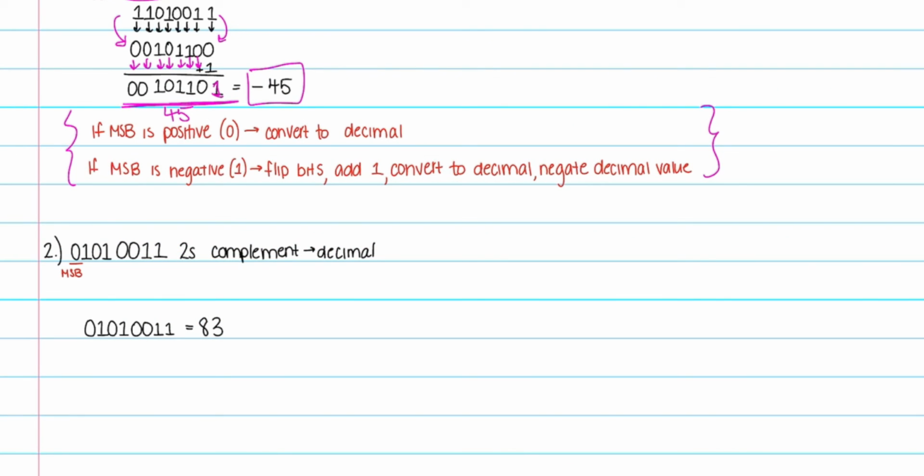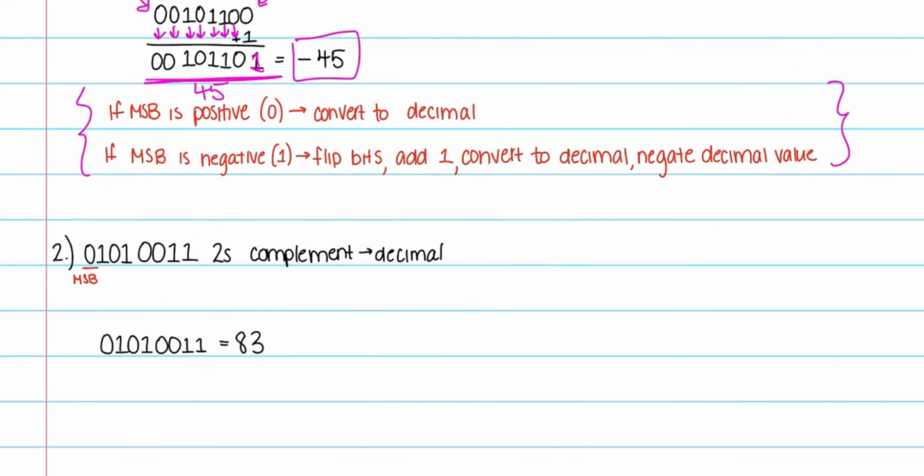Part B, Example 2, is asking us to convert 01010011 2's complement to decimal. So this 2's complement value that we are given has a most significant bit that is a 0. So if we refer back to our steps over here, if the most significant bit is 0, which represents a positive decimal number, we can simply convert to decimal as is.